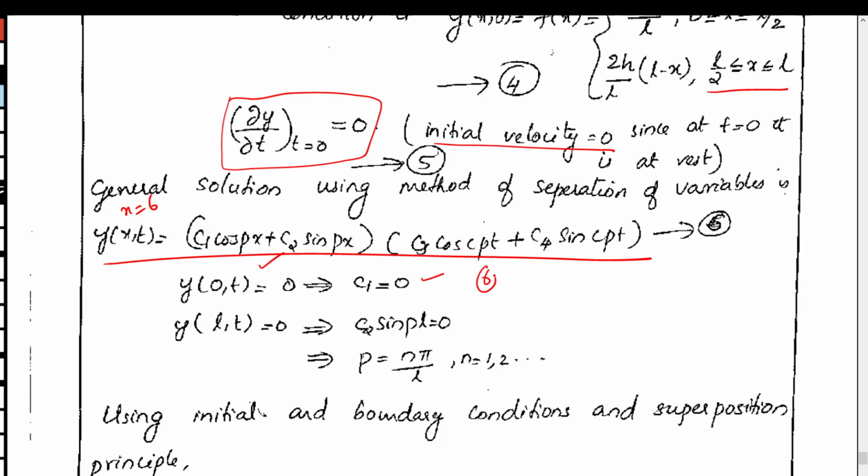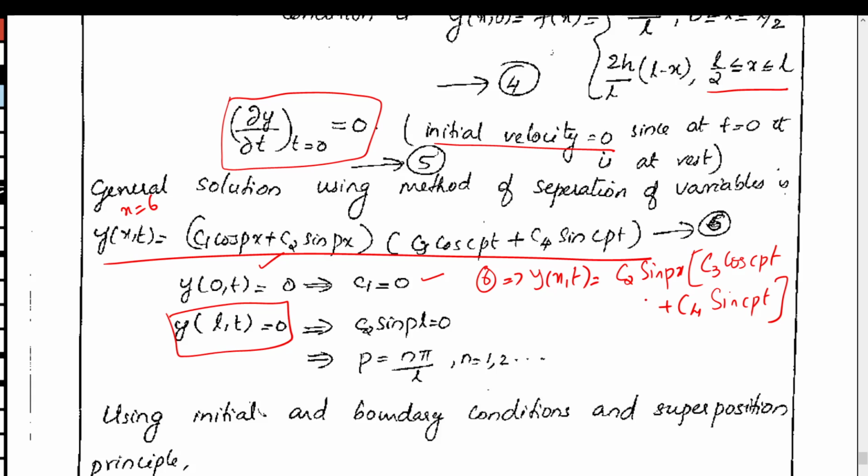Then equation 6 implies y x t is equal to c2 sin px into c3 cos cpt plus c4 sin cpt. Now, when we apply the second boundary condition that y of L t is equal to 0, we will get c2 sin pl is equal to 0, from which we will get p is equal to n pi by l for n equal to 1, 2, 3, etc.